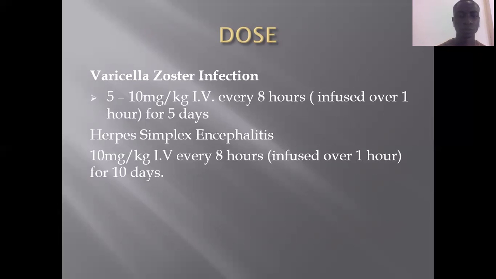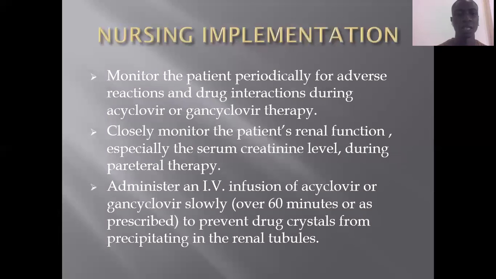And also herpes simplex encephalitis, that's inflammation of the brain. You can give 10 milligrams per kg body weight IV over 8 hours infusion for 10 days. It is caused by the herpes virus.